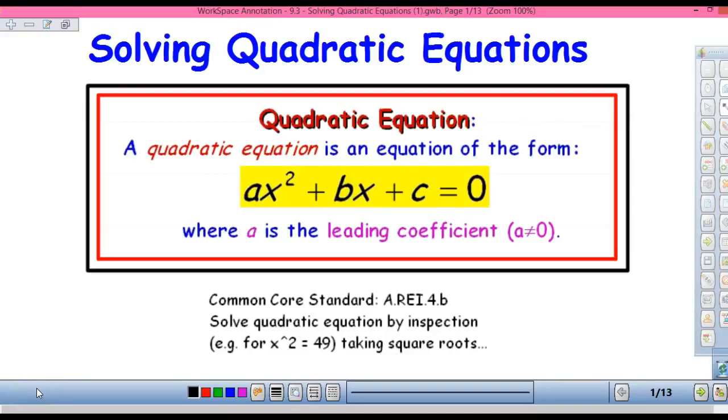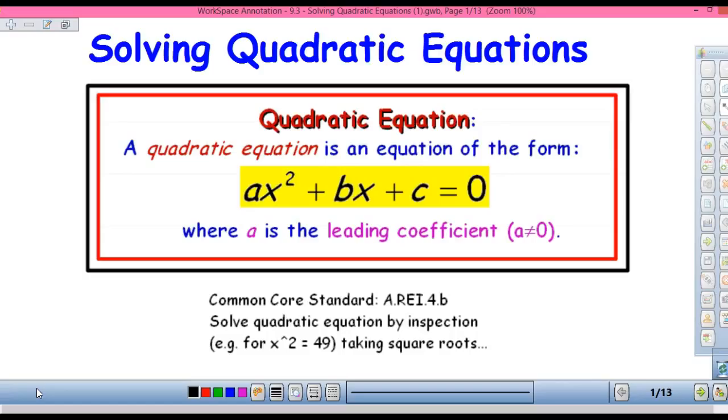Right, so having to graph these things every single time is kind of annoying. If I wanted the solution and you had to sit and graph it every single time, yeah. So for probably today and at least all of next week, we're going to be talking about different ways to solve this. There's quite a few. Today we're going to talk about doing it by just taking square roots, and then we're getting back into factoring.